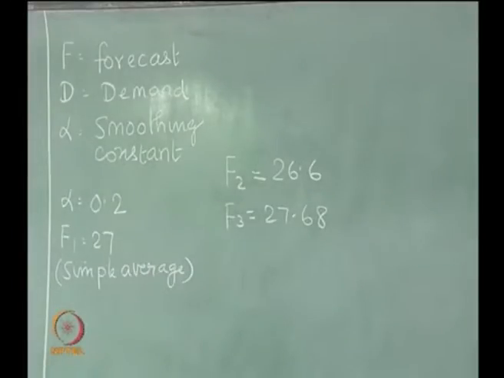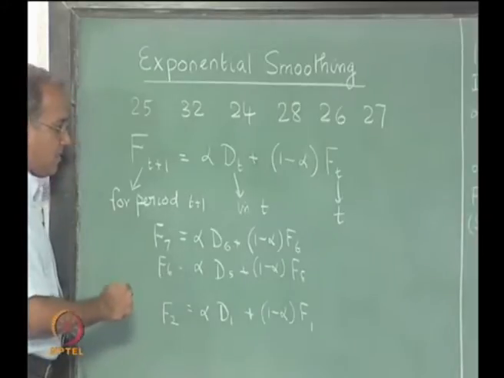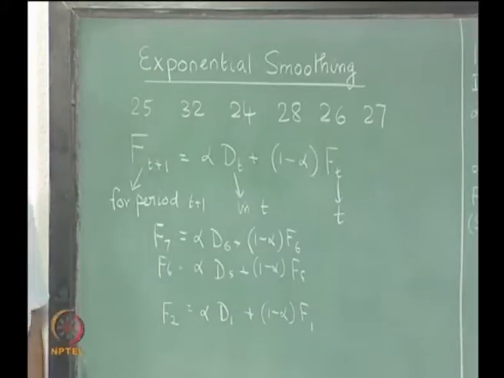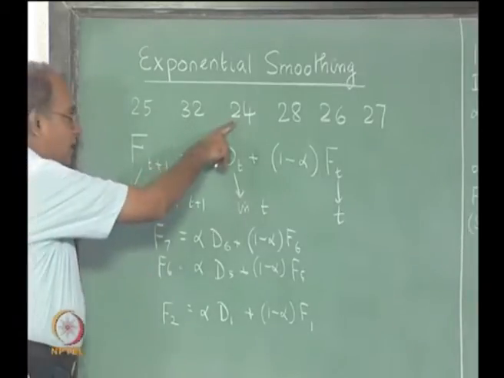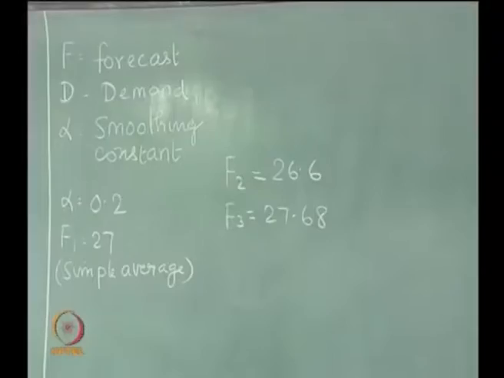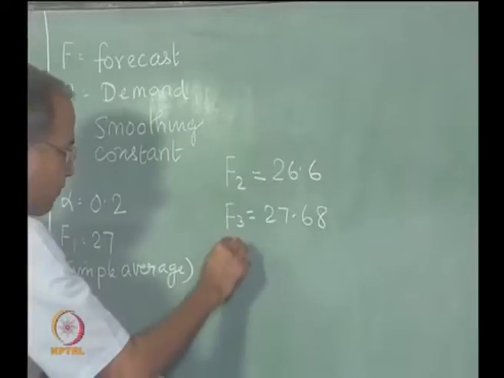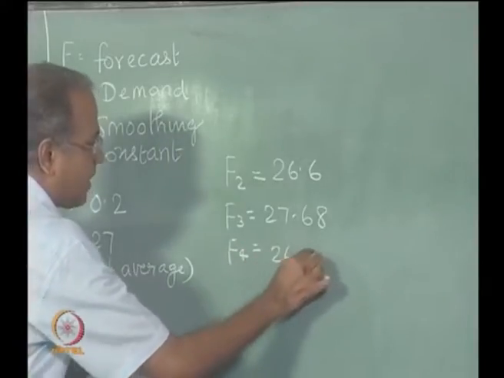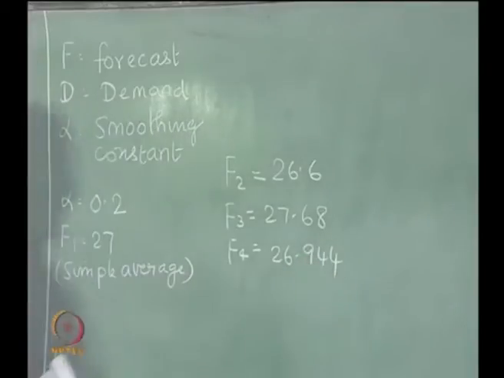Now F4 is equal to alpha D3 plus 1 minus alpha F3. So F4 is 0.2 into 24 plus 0.8 into 27.68, and F4 will become 26.944.